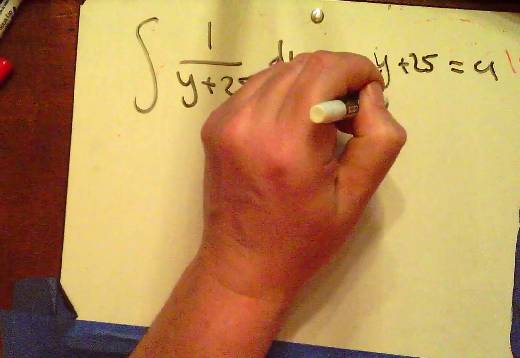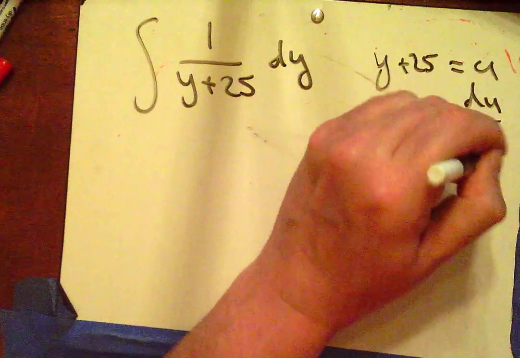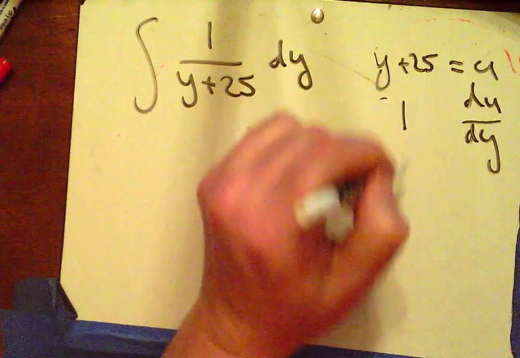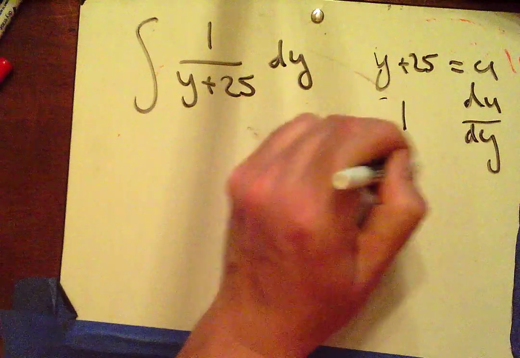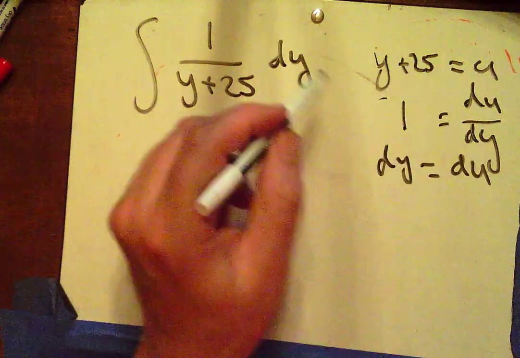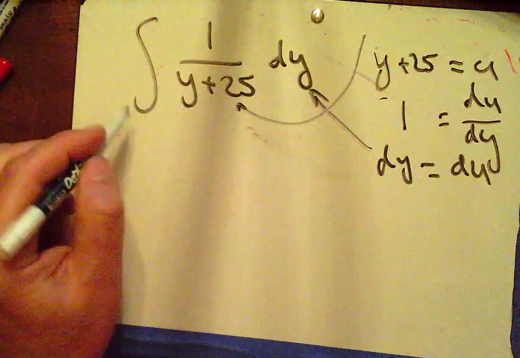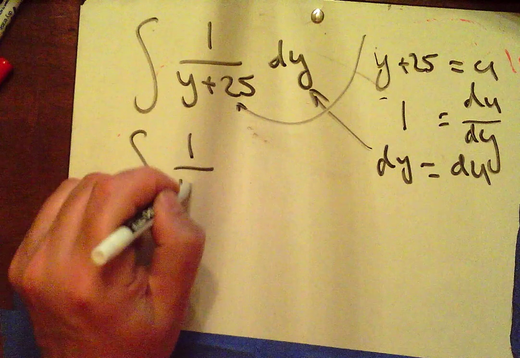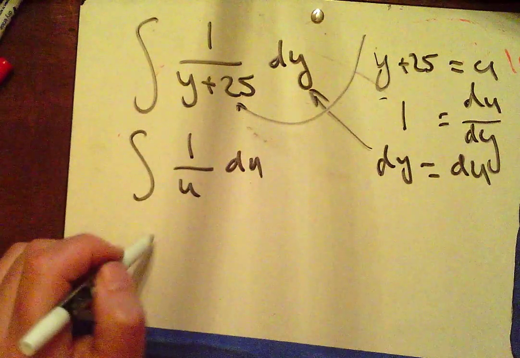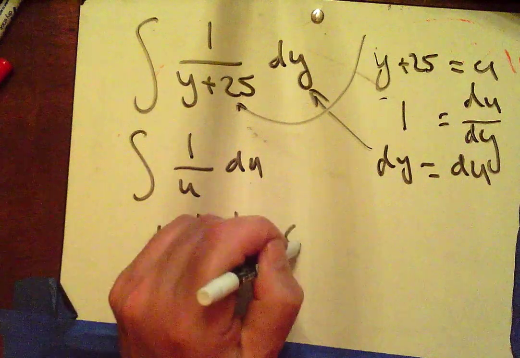So I'm going to have du dy equals 1, or dy equals du. So I can replace that with du, and I can replace that with u. 1 over u du. So my antiderivative is simply ln u plus c.